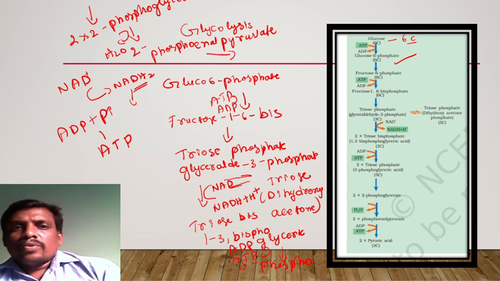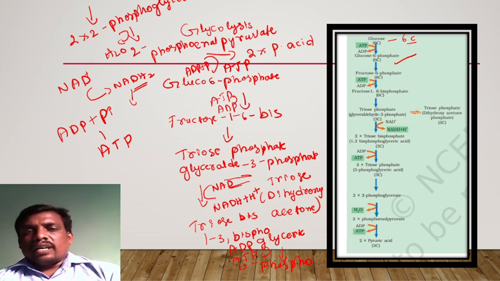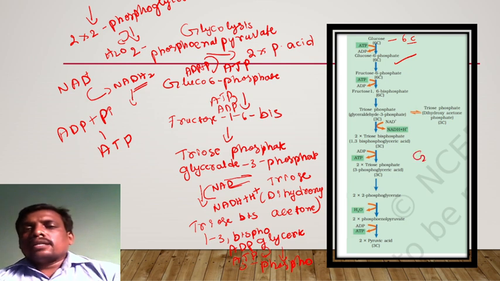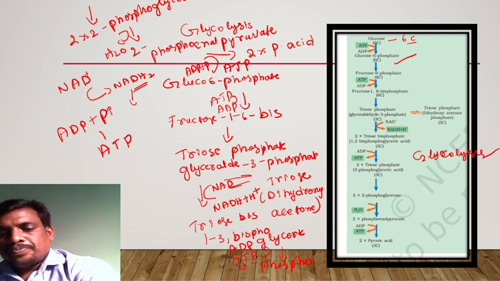Here also ADP binds with a phosphate molecule and produces ATP. And finally 2 molecules of pyruvic acid will be produced, and that is the end of the reaction. Like this, basically, the glycolysis process commonly occurs.